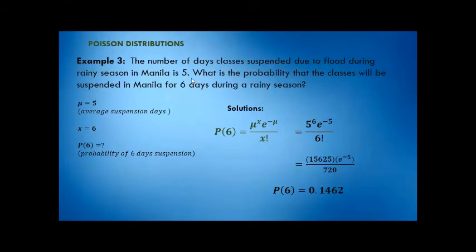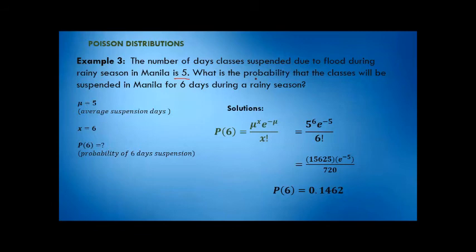Let's have the last example for Poisson distribution. Example number 3, this is about the number of days of class suspension. The number of days classes suspended due to flood during rainy season in Manila is 5. So, ibig sabihin, yan din yung sinasabing the average number of days of suspension.